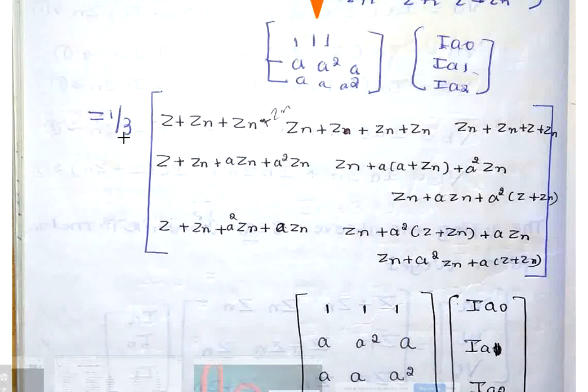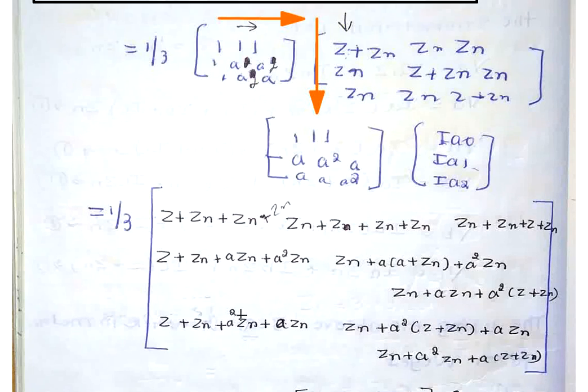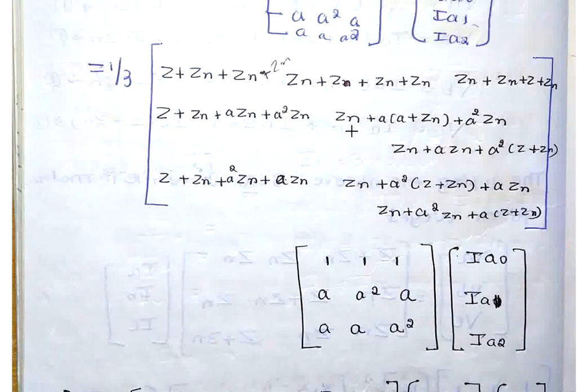Now 1 by 3 is common here. Z plus Zn, you will get as the answer of multiplication of these two. Once you get the answer, again multiply with this.